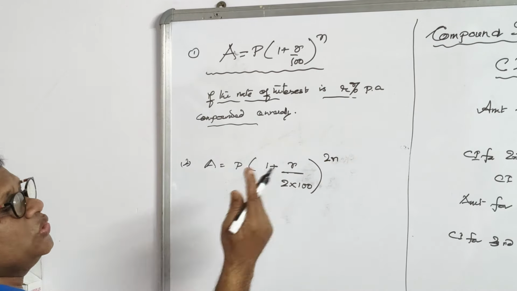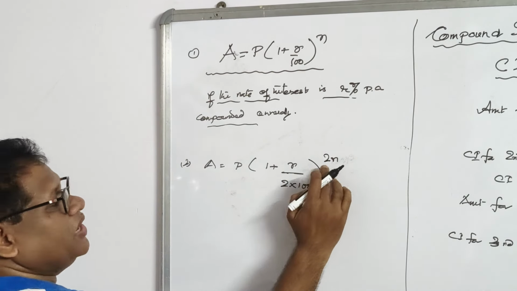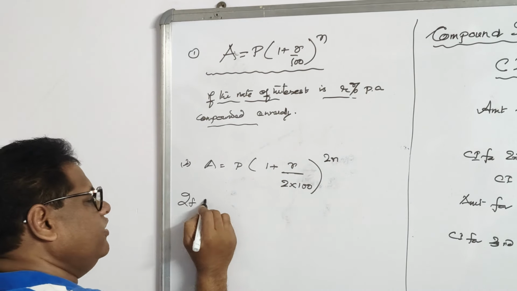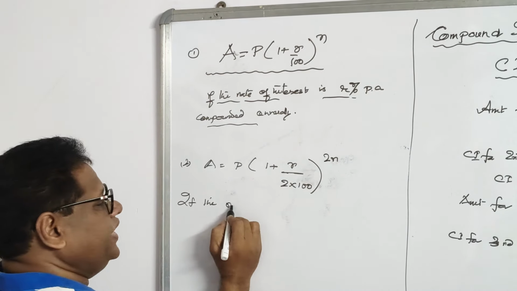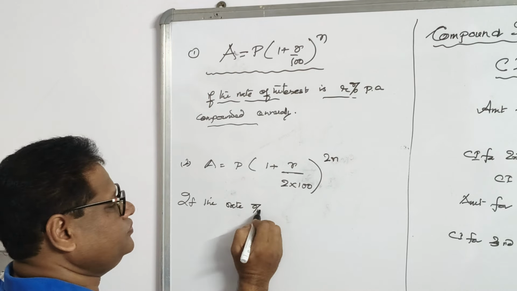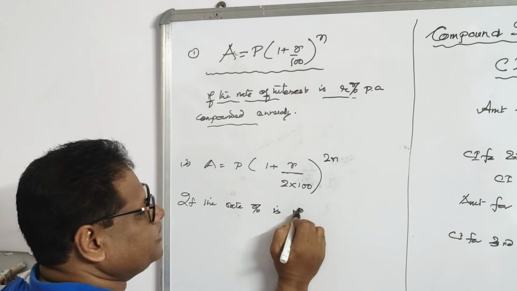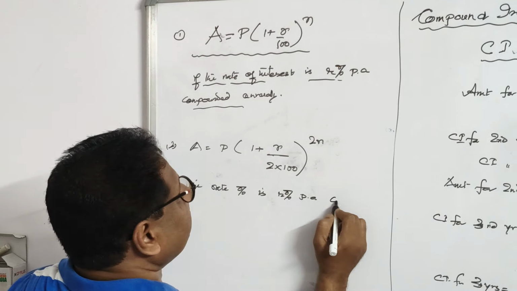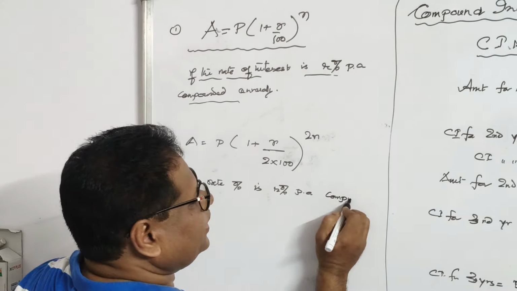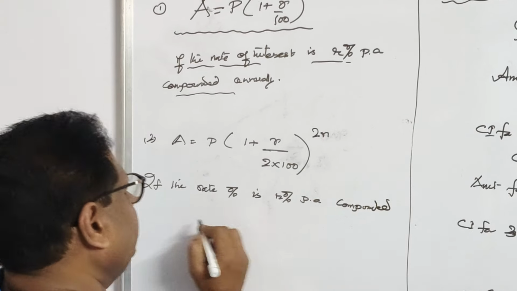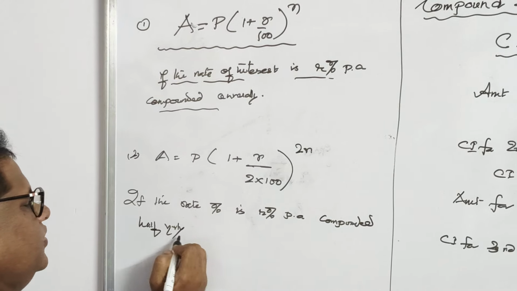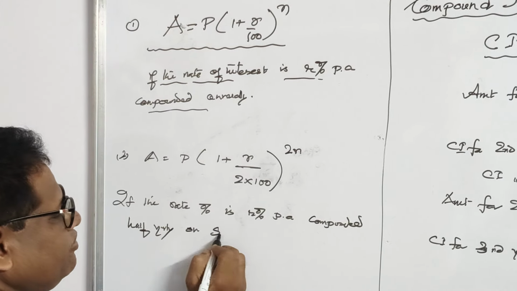Because in 1 year there are 2 half years, so the power will be doubled. So here the rate percent is r% per annum compounded, that means calculated, half yearly or semi-annually.